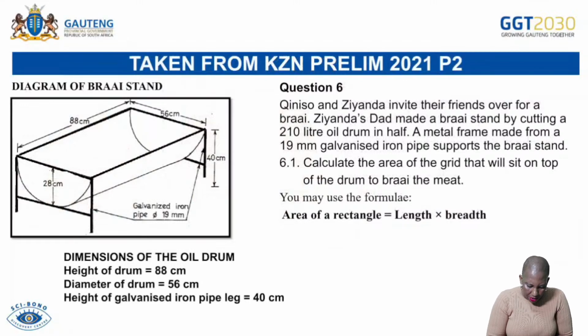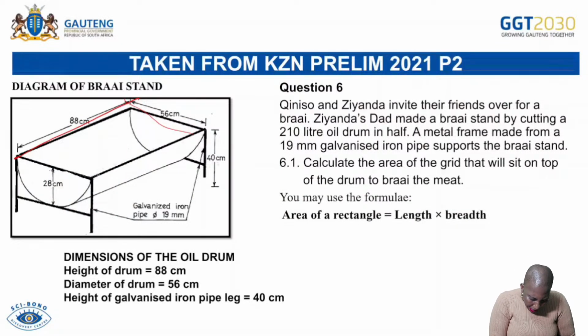So now on this one, boys and girls, even this one, it's so nice. You have the length, it shows there, and then here's the width, and they are telling us that it was a full drum, and then they've cut it into two, and a metal frame from a 19 millimeter galvanized.